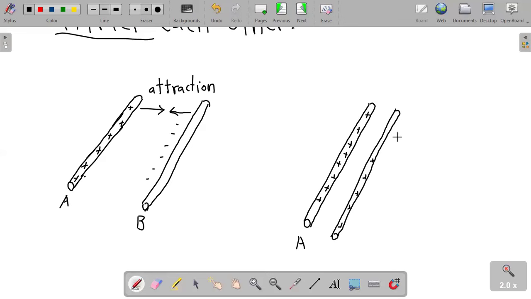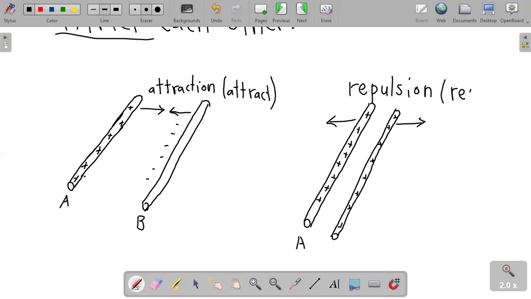And so the two objects will push each other away. So there will be repulsion. Here you can say repulsion, or you can say they repel each other. So this is A and C.